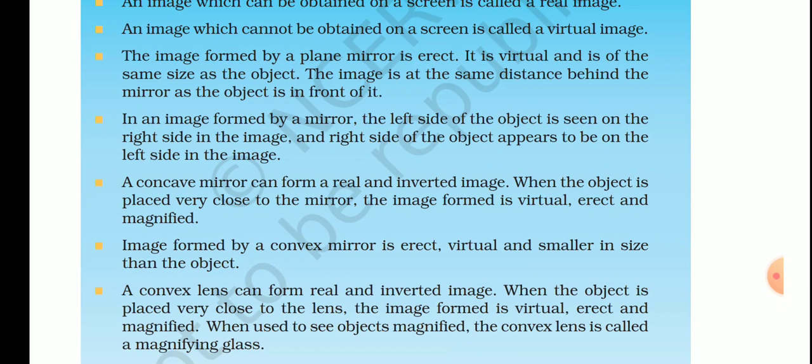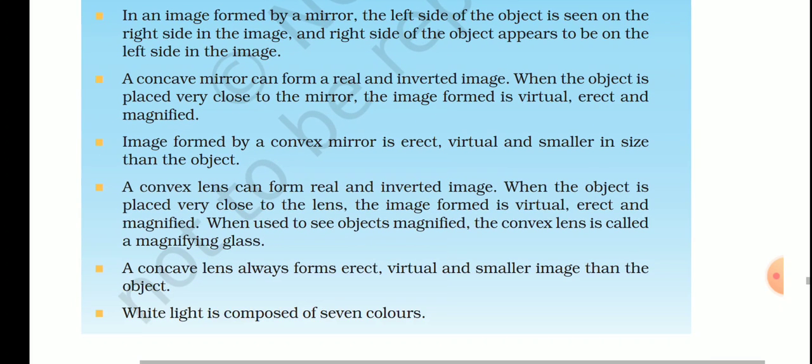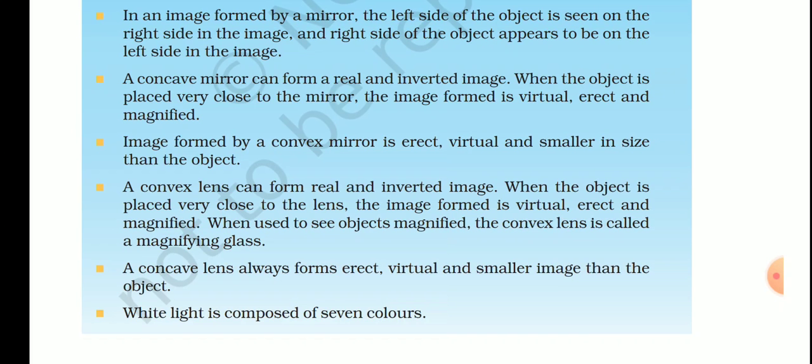A convex lens can form a real and inverted image, but when the object is placed very close to the lens, the image formed is virtual, erect and magnified. When used to see objects magnified, the convex lens is called a magnifying glass. Next, a concave lens always forms an erect, virtual and smaller image than the object.